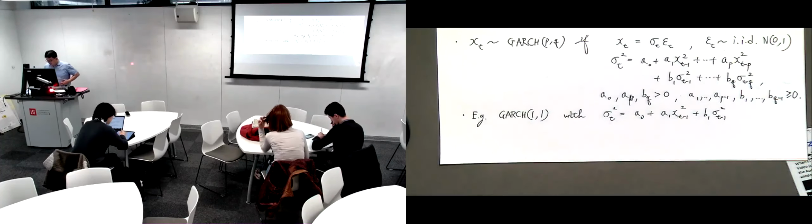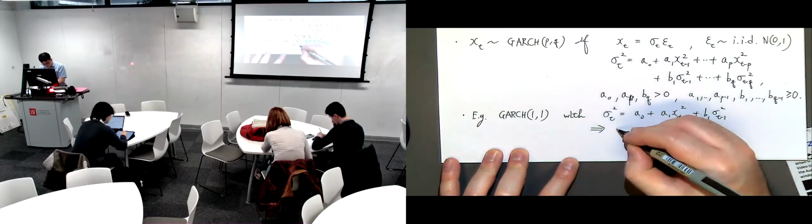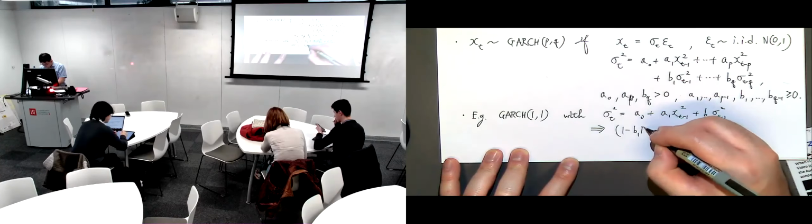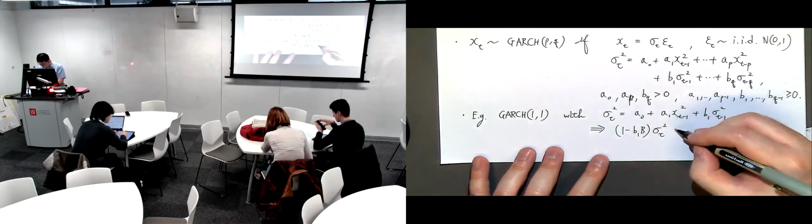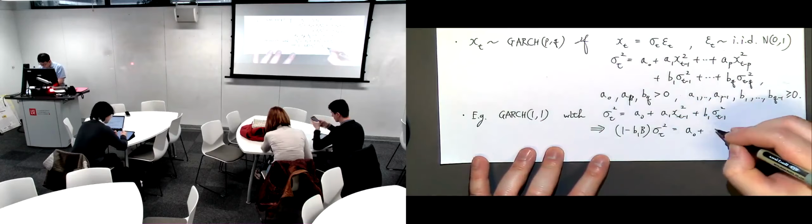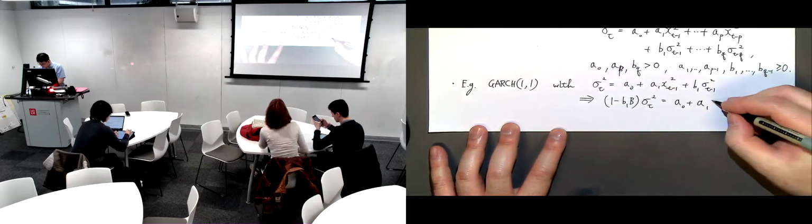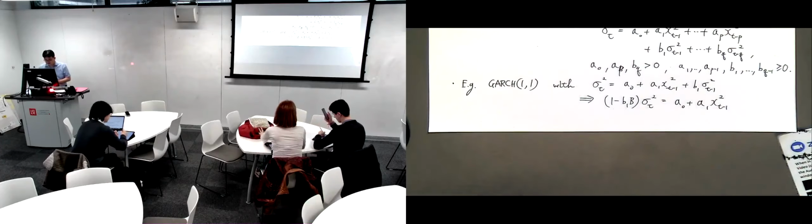So this is the volatility equation. Sigma t squared is dependent on x t minus 1 and sigma t minus 1. Now we can write sigma t squared with the terms collected on the left hand side. I hope you remember this backward shift notation, so it's not behind us at all.